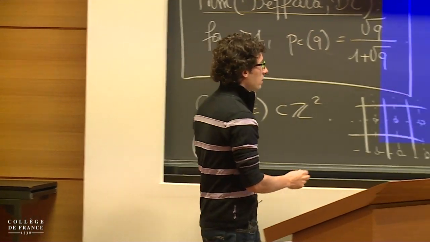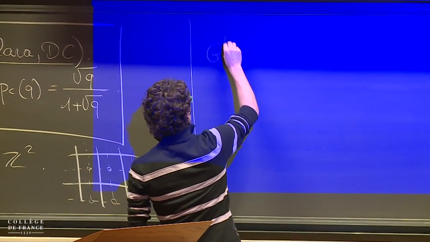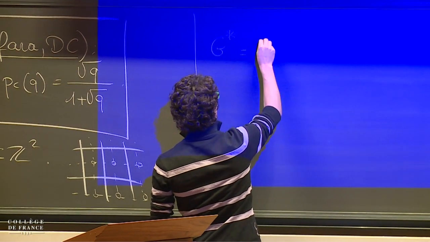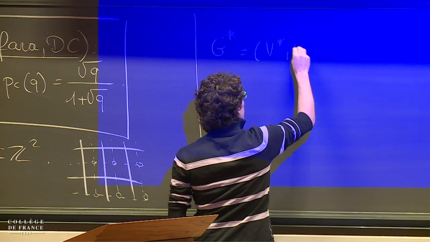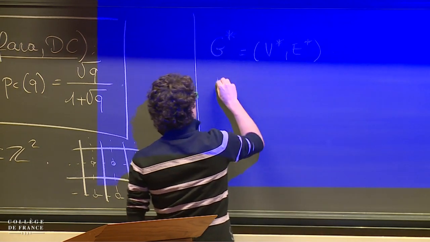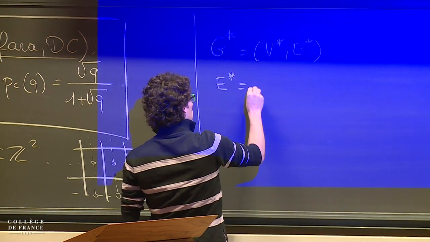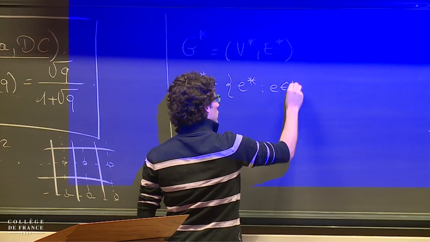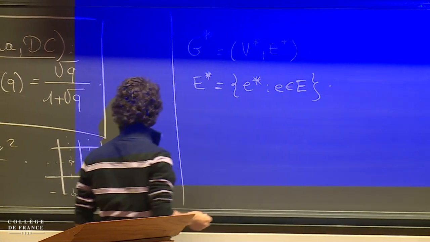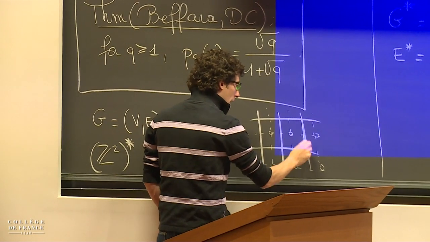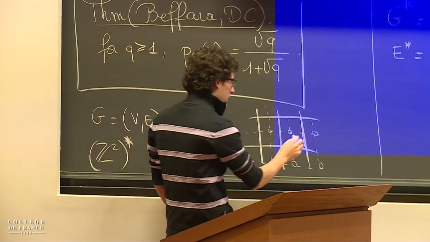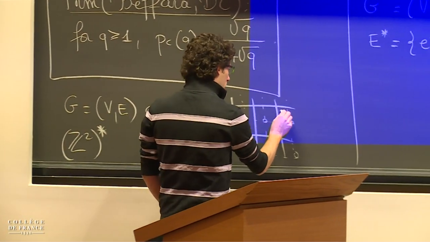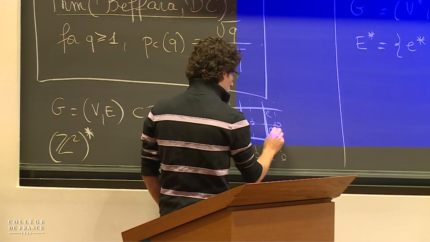Define G star to be the dual of the graph G. The set of edges is going to be the set of dual edges corresponding to edges of the original graph. So you see every edge of my primal graph is related to an edge of the dual graph. If the first one is called e, I will call the dual edge e star.